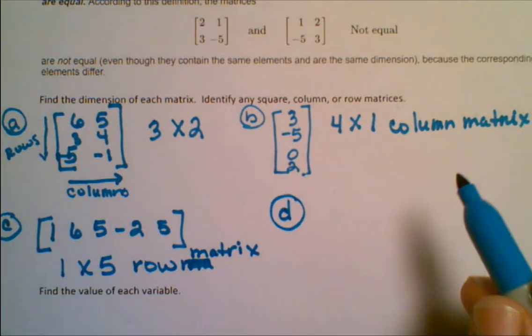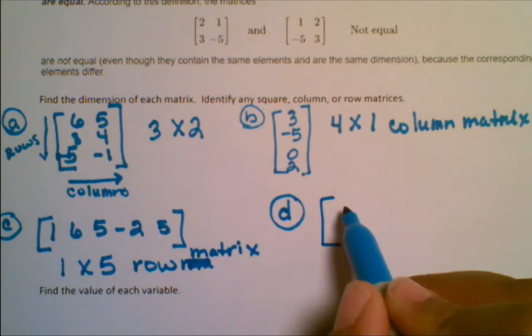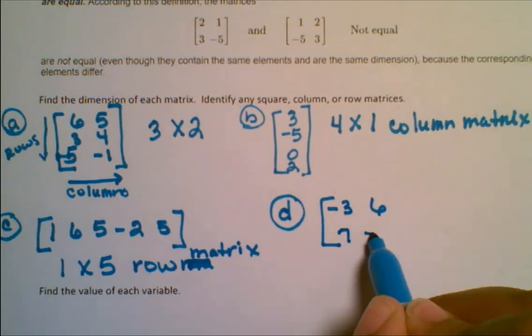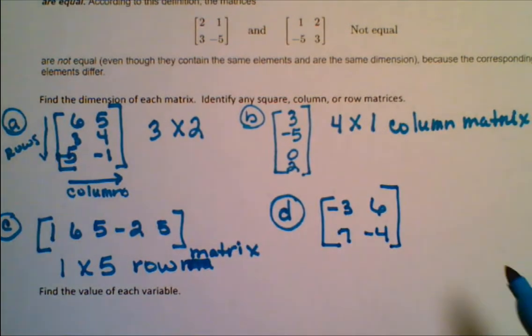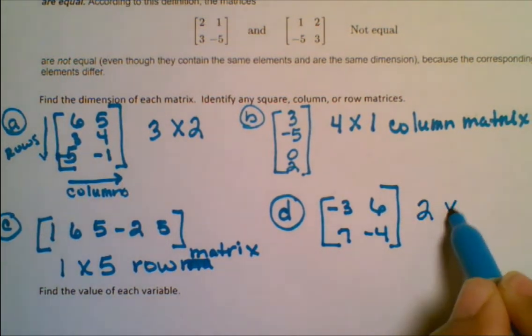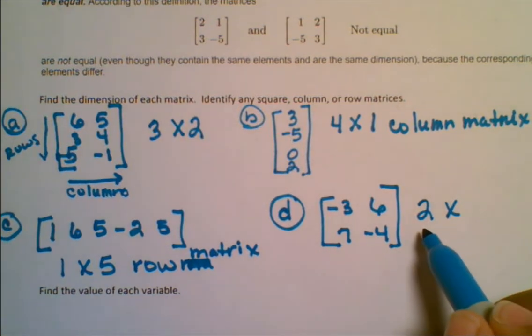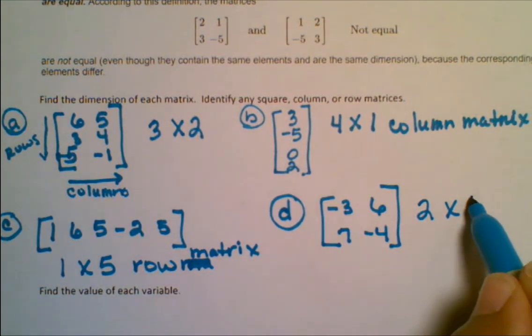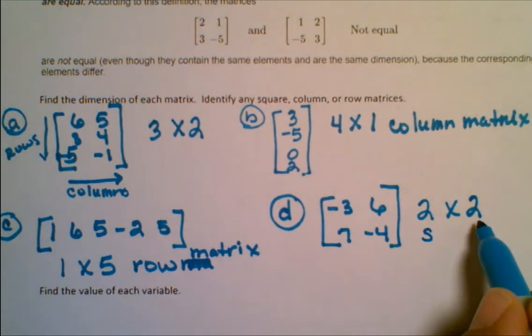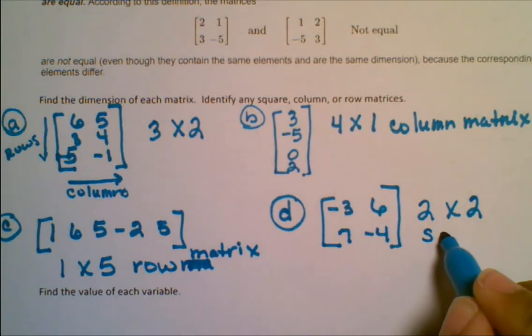Last example, we have -3, 6, 7, -4. How many rows? How many columns? We have 2 rows and 2 columns, and we would call this a square matrix because the row and column counts have the same number.